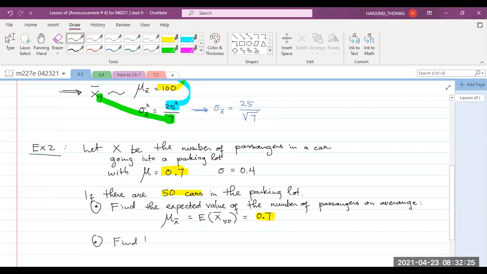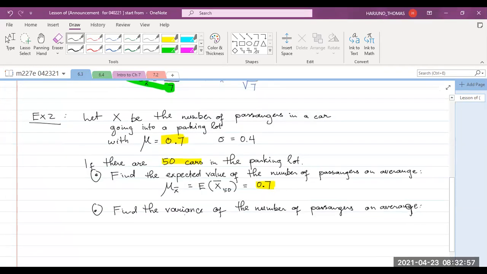Find the variance of the number of passengers on average.